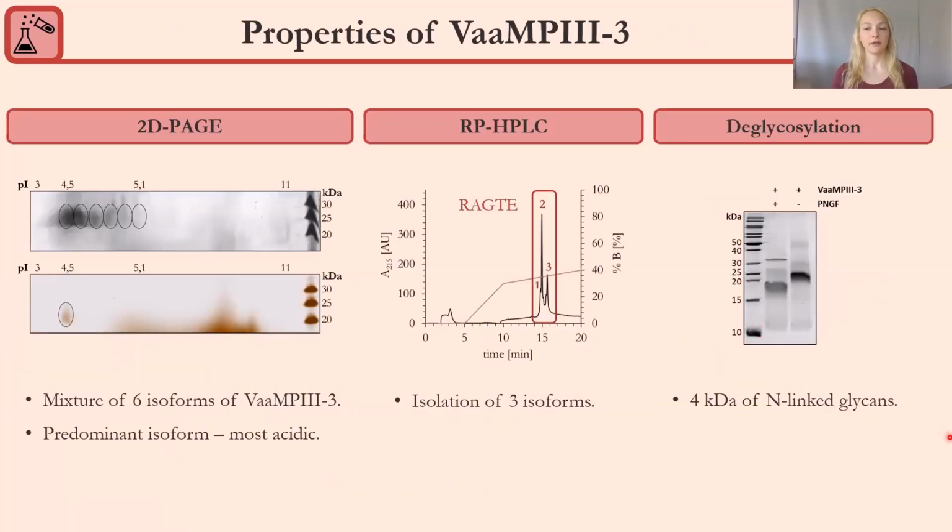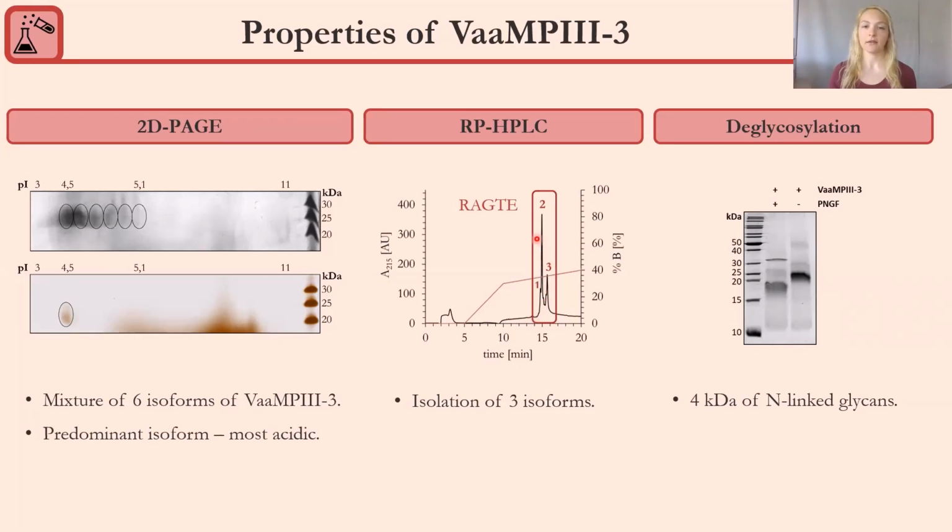So, using two-dimensional polyacrylamide gel electrophoresis, we found that we isolated a mixture of 6 isoforms with isoelectric points ranging between 4.5 and 5.1. The predominant isoform had the lowest isoelectric point, and we could isolate 3 isoforms using reverse phase HPLC.